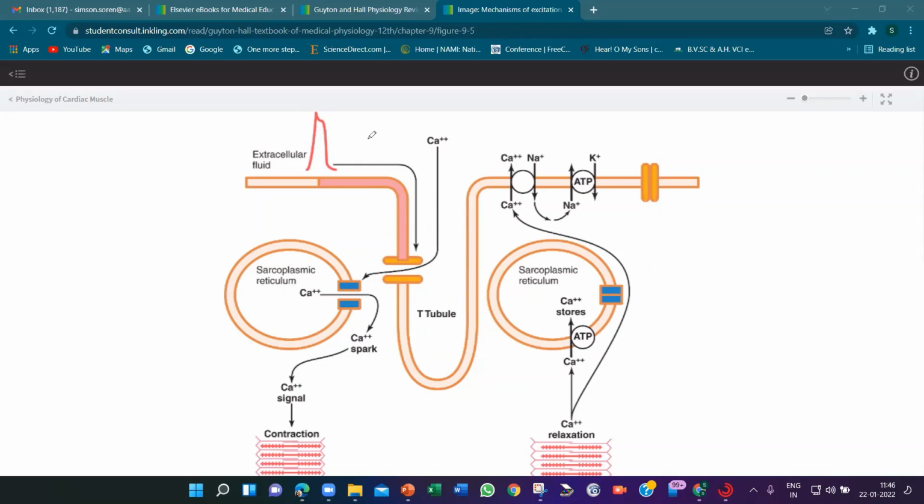So as soon as the action potential moves over the surface of the T-tubule and activates the voltage-gated calcium channel, the calcium immediately rushes into the cell because of the high concentration of calcium in the T-tubule. And that overcomes the disadvantage of the less developed sarcoplasmic reticulum.